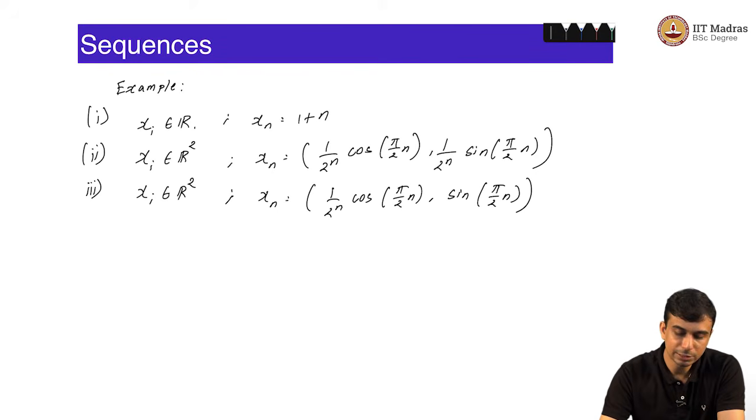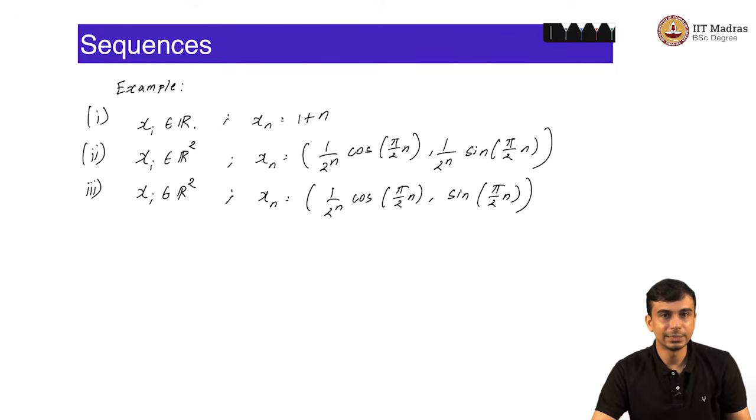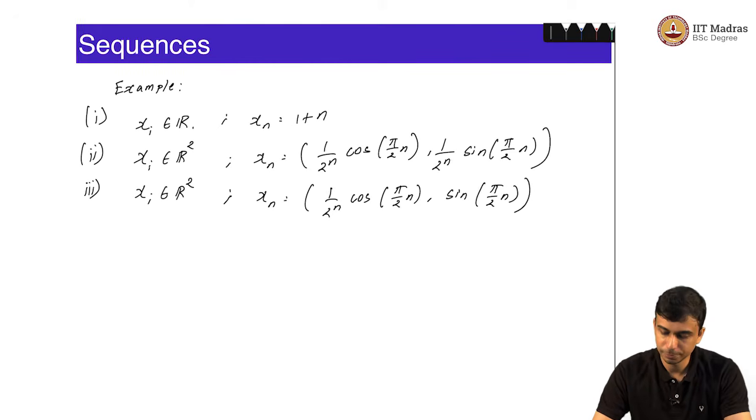Just think about these three sequences: do they have a limit? Do they converge to anything? If so, what? If not, can you show that these sequences do not converge to anything? This is a pretty simple exercise. I hope you can do this.